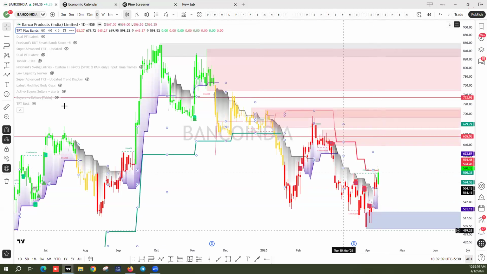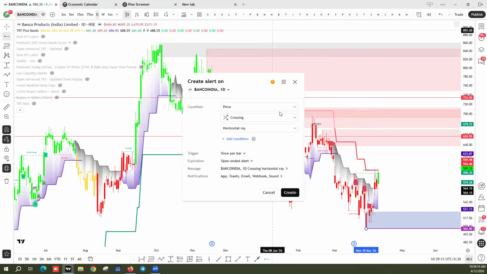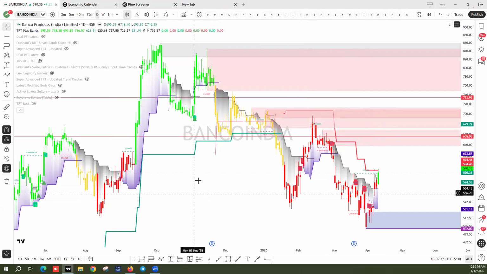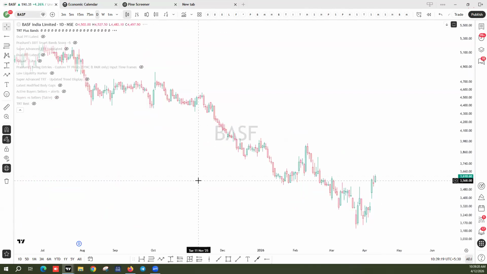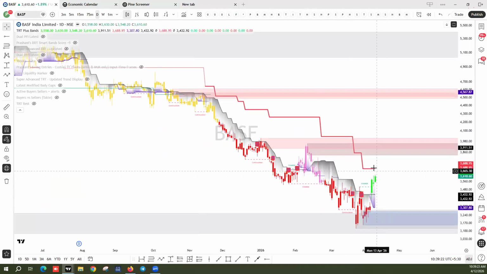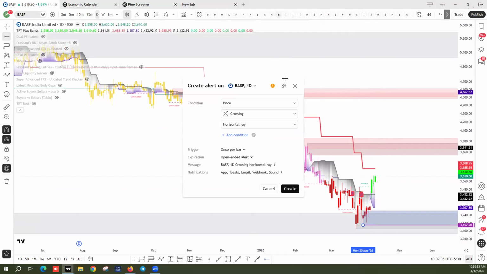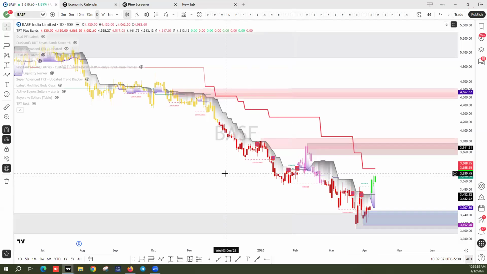Now same thing, if it comes down below this price and is unable to close below that, then we can take entry when that candle's high is crossed. BASF, same thing again and again. It can come down below this and reverse. It's not necessary that it will reverse. It is possible that it will fail also. We have seen that kind of example also. That's why we want to enter on confirmation, not on anticipation.